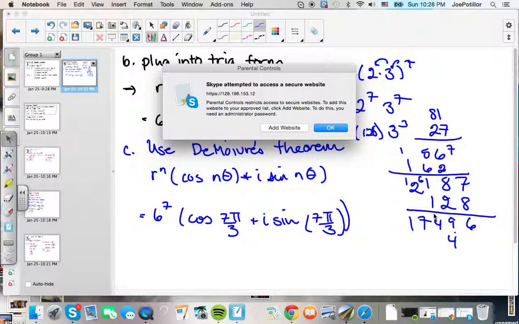Actually, screw it. We'll just use a calculator. I want to do it in my head, but I'm tired, and my brain's not cooperating with me.